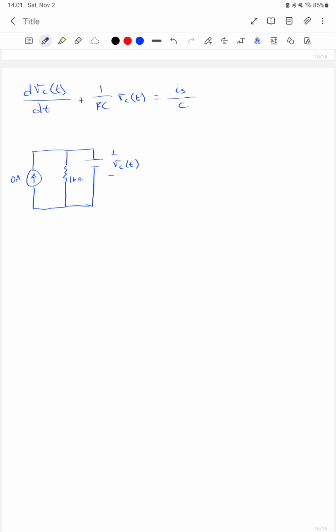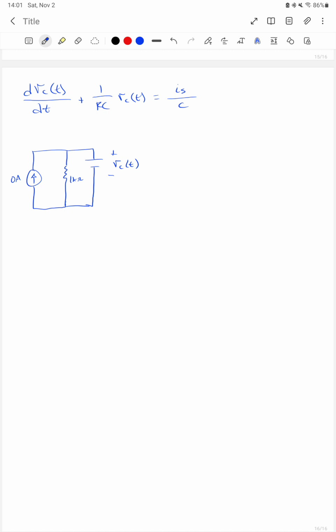So what changed here? Well, this is now 0 amps. The easiest way to think of this is, because this is 0 amps now, you can almost think of it like an open circuit, right? You can have a voltage across this, but you're not going to have any current going through it. And that's really the key with the 0 inputs.